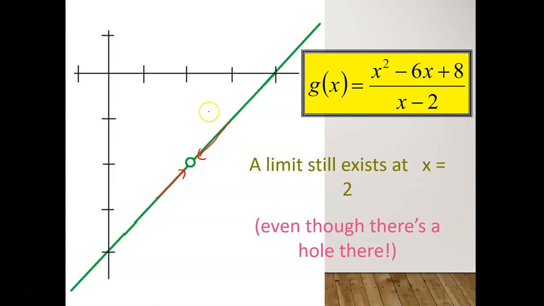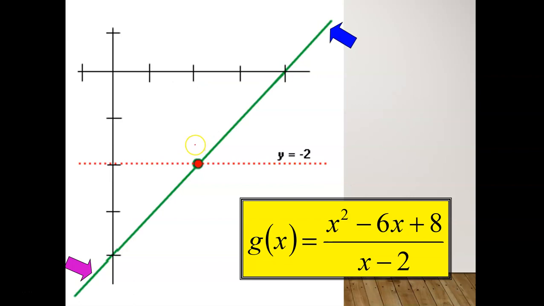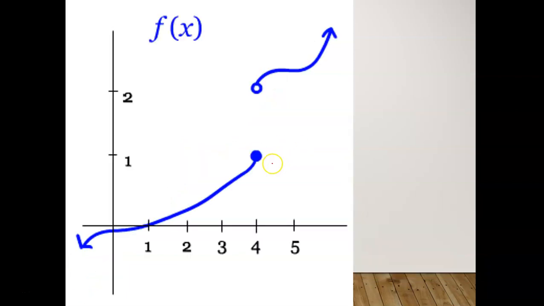We can find it when x is approaching 2 positive and 2 negative from the other side. You can see the blue arrow and the purple arrow, they have the same destination at y equals negative 2. Still, the limit exists.